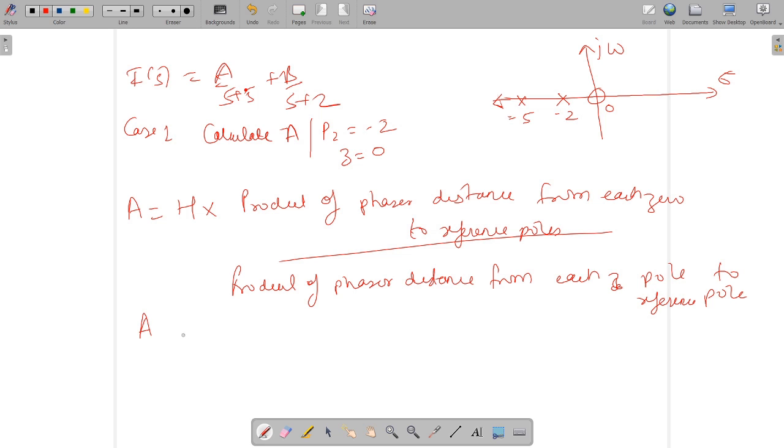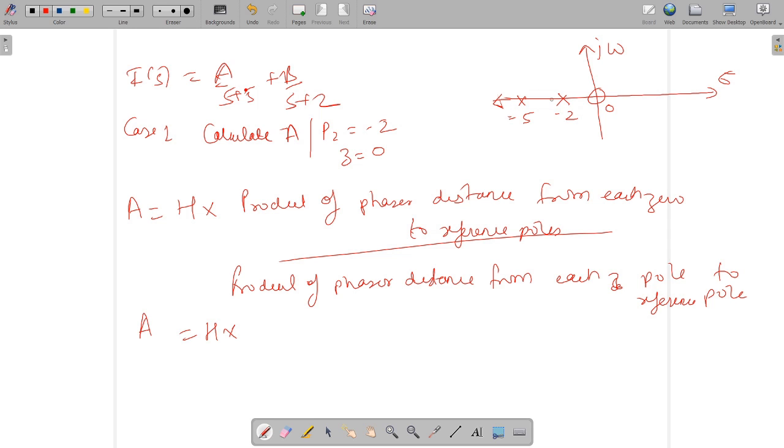Fine. So A will be h into... this one is for the numerator, and when the numerator is coming into the picture, you will have to take the distance of the pole and the zero into account. So what is the distance between 0 and 5?